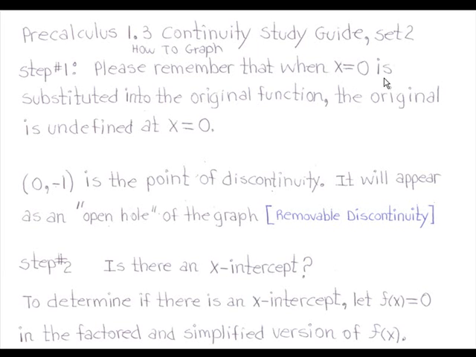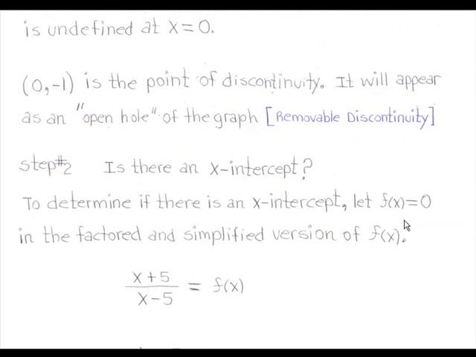So in the original function, we have to remember that when x is equal to 0, the original function is undefined. So we have that the point 0, negative 1 is the point of discontinuity. It will appear as an open hole of the graph. And we now know again that this is a removable discontinuity.